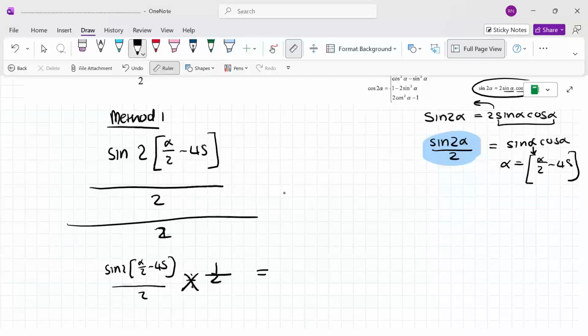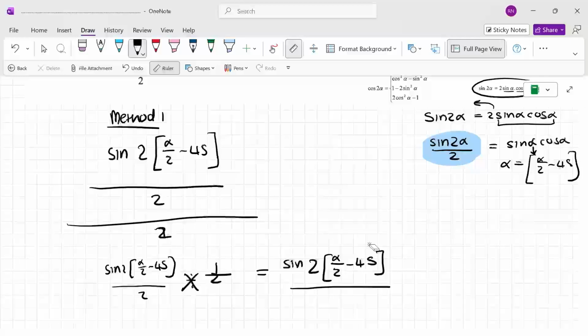So I just end up with sine of 2 times alpha over 2 minus 45, over 4.